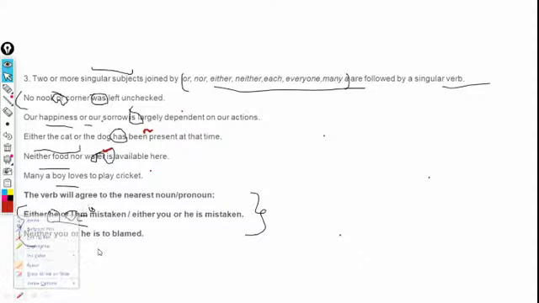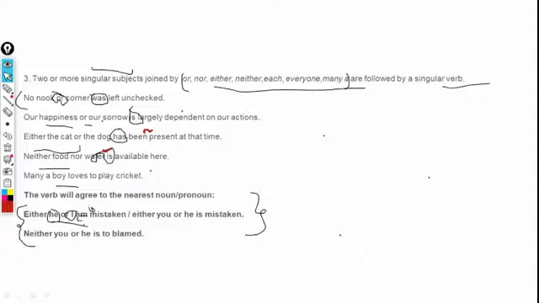This is the thing. Our verb will be decided by the second pronoun, which is the nearest to the verb. There can be three pronouns also, but the verb will agree with the nearest noun. Either you or he is mistaken.